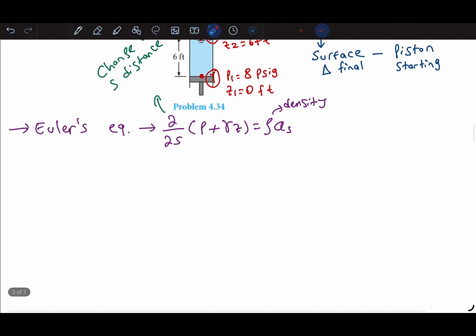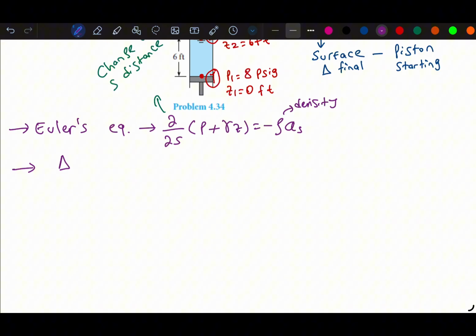So let me write, let's say, we also have minus here. So we have delta plus pressure change. So total pressure, because this also means pressure since it is specific weight times elevation.